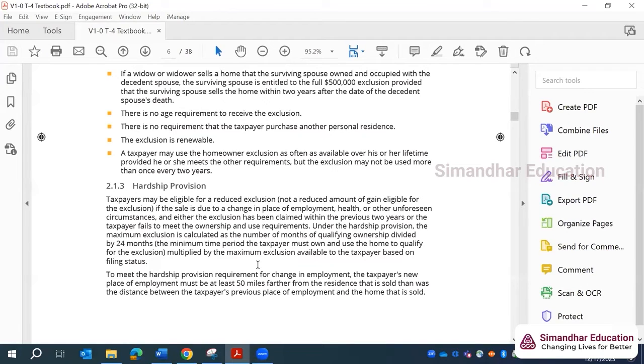So the qualified usage is supposed to be 2 years, but you have owned the property and lived in that property only for 6 months. So in this case, the government will say that you prorate your exclusion amount on the number of months you have owned the property. So let's say this person who was diagnosed with cancer was a single taxpayer. Now for a single taxpayer, what is the exclusion amount?